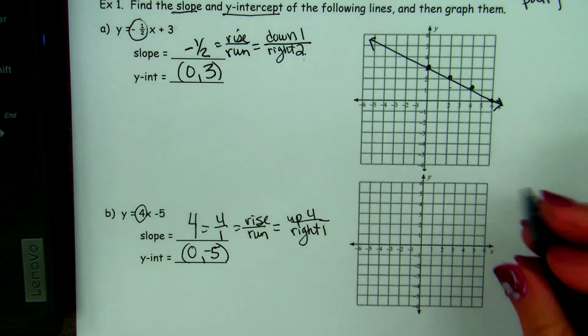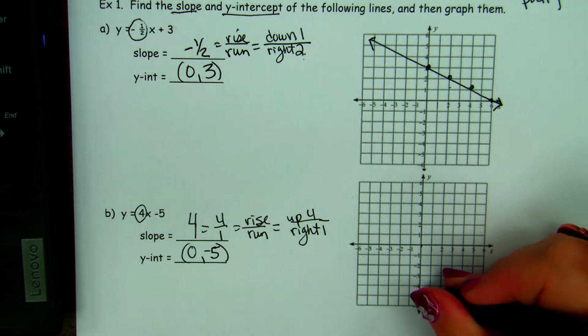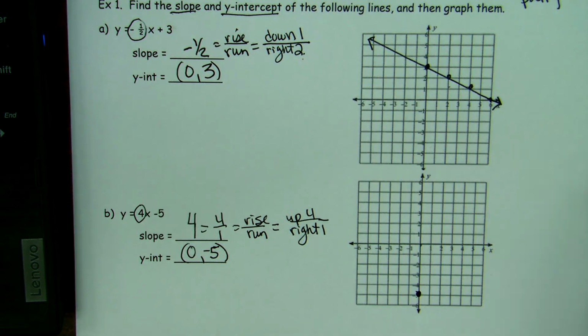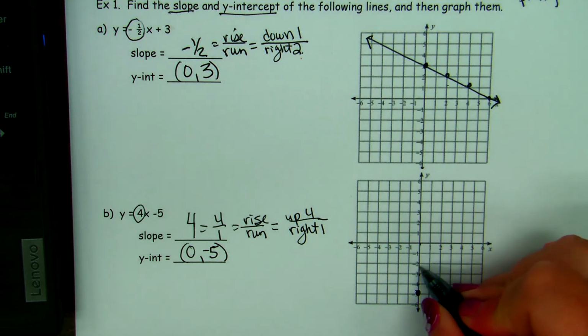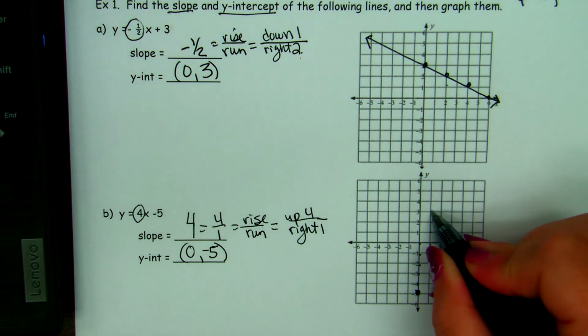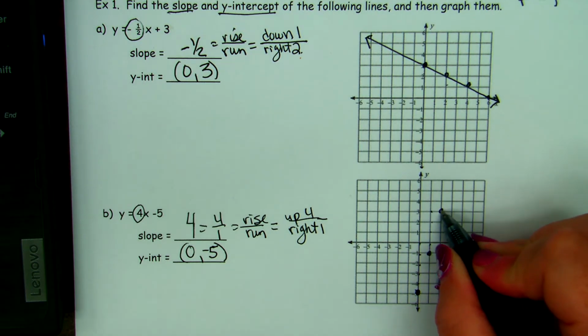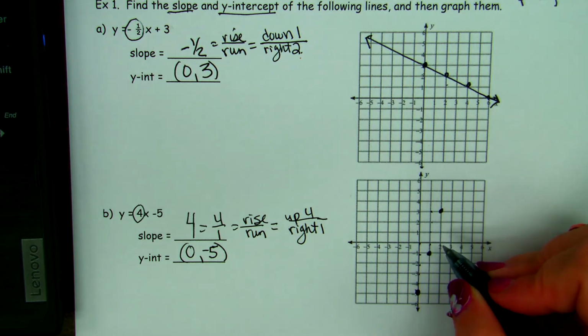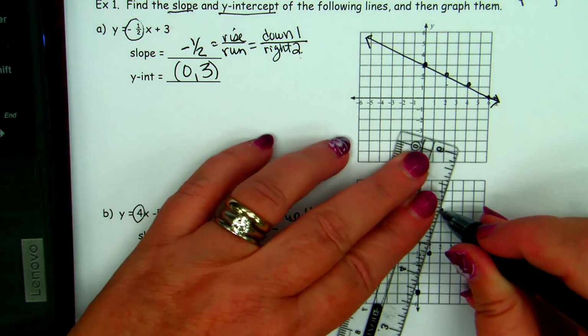The x is always 0. So (0, -5). And then we rise 4, run 1. Rise 4, run 1. And draw a line.